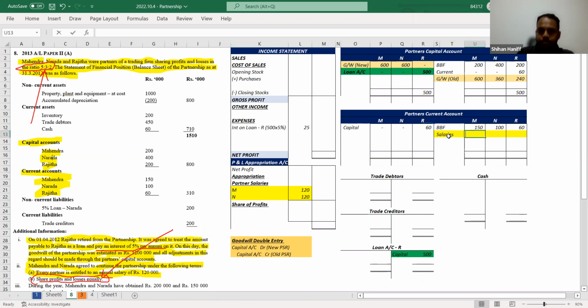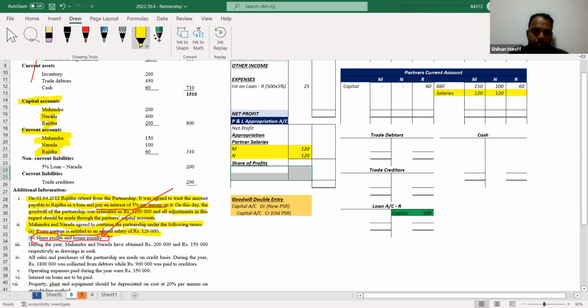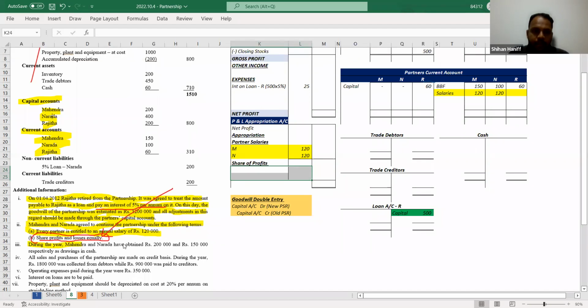Salaries payable. Salaries. Share of profits, that is we have to do at last. During the year, Mahendra and Narada have obtained 200,000 and 150,000 respectively as drawings in cash.